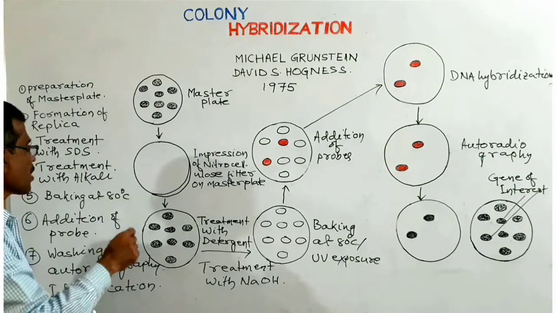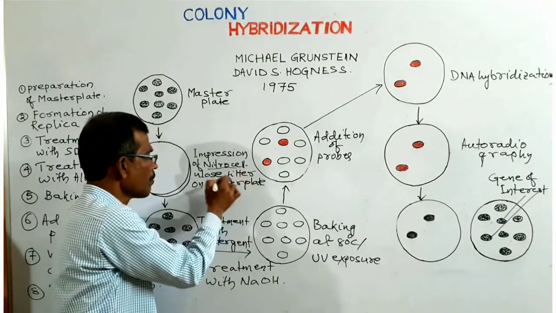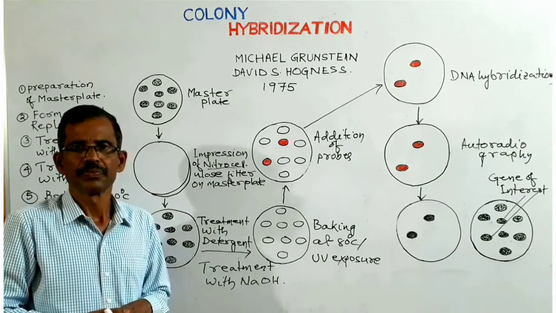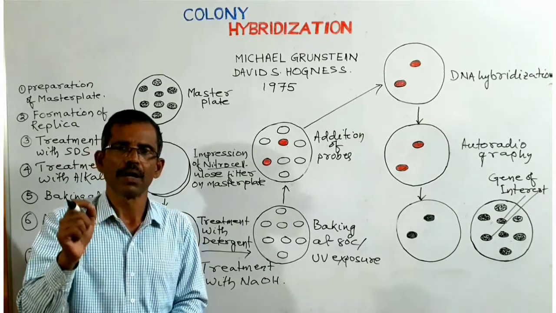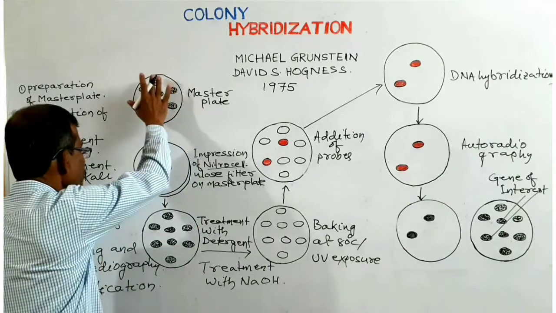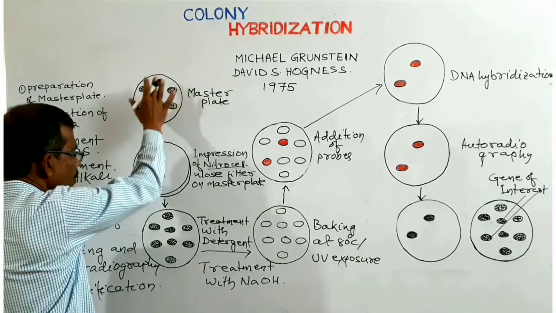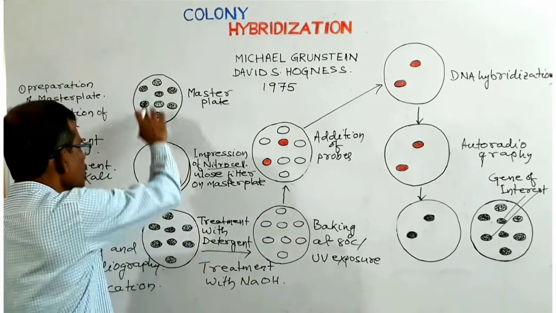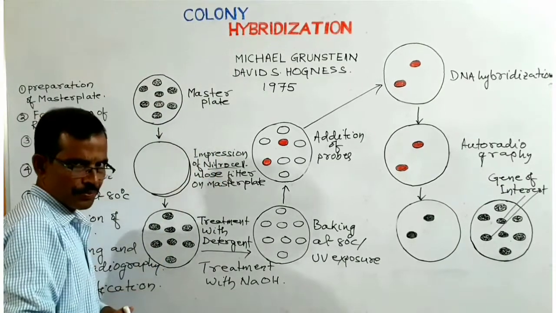For formation of the replica, take a sterilized nitrocellulose membrane and place it on the surface of the master plate and press it uniformly, so that there will be an impression of the master plate on the nitrocellulose membrane.